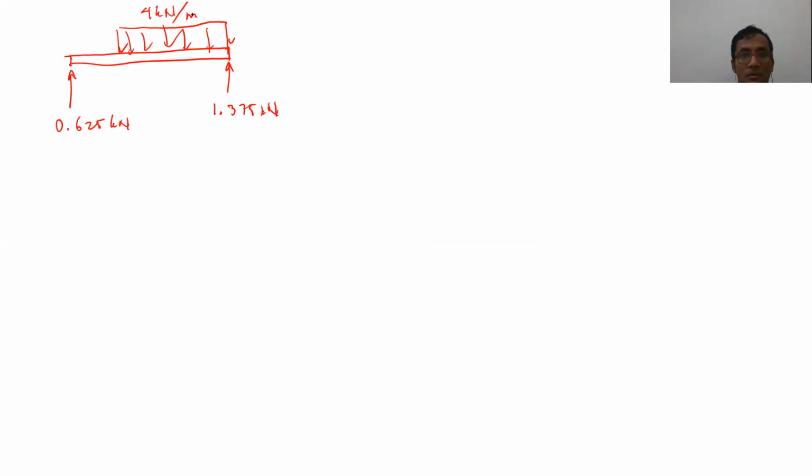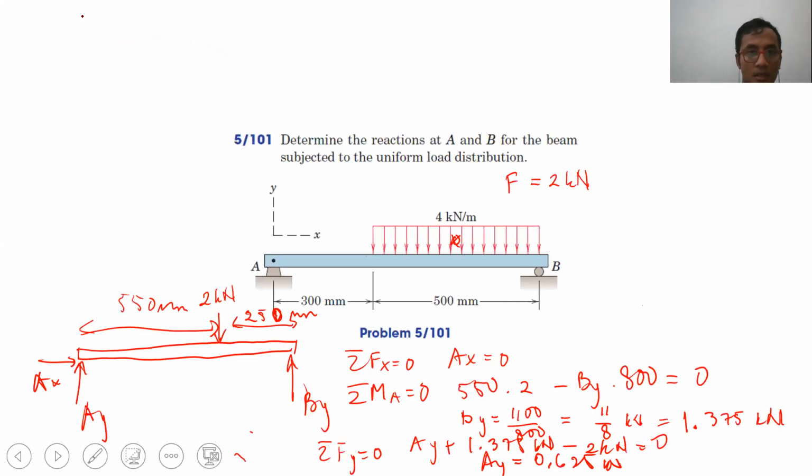Okay, now as I told you before, we can divide this into two equations. The first equation is supposed to work from x equal to 0 until x equal to 300 millimeters. And the second equation is supposed to work from x equal to 300 millimeters until x equal to 800 millimeters.